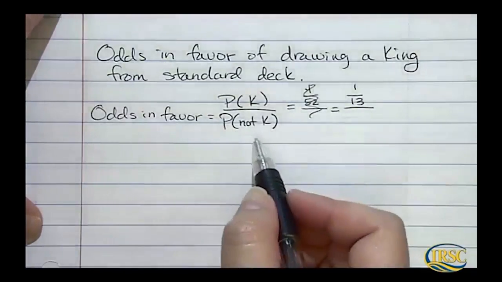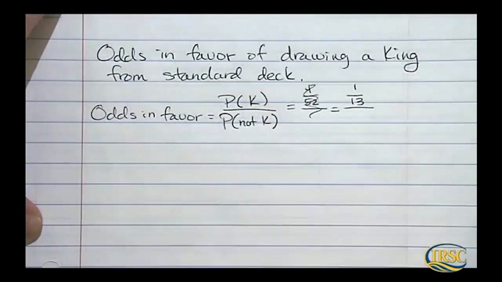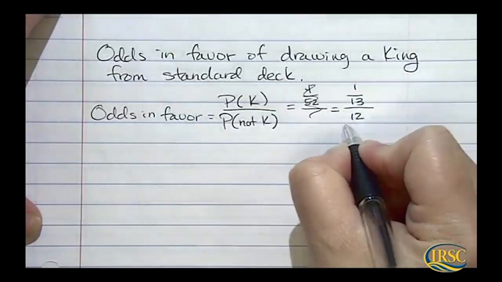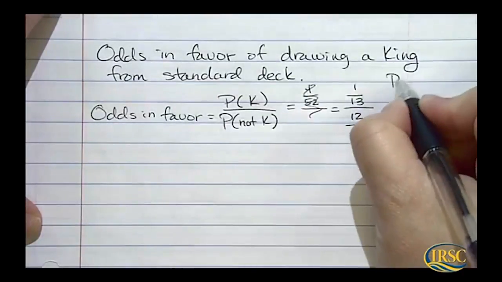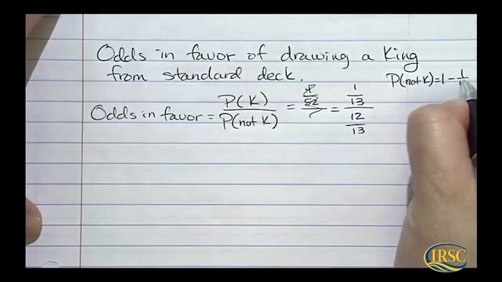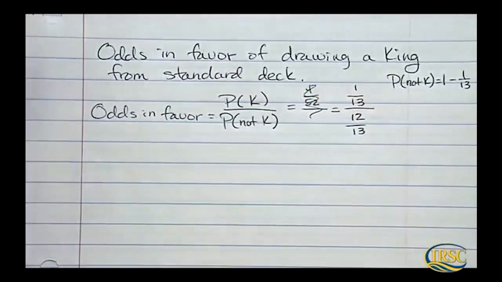And then the probability of not getting a king: 12 out of 13 is correct, because remember, you're doing 1 minus 1 over 13. The probability of something not happening is 1 minus the probability that it did.